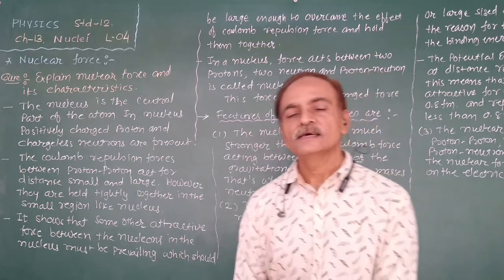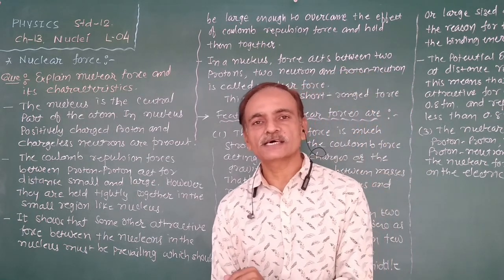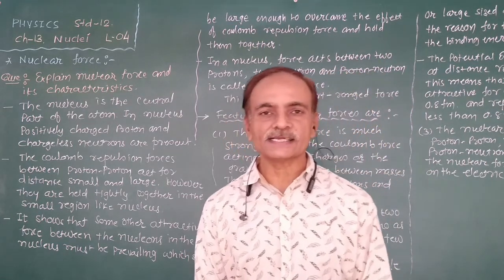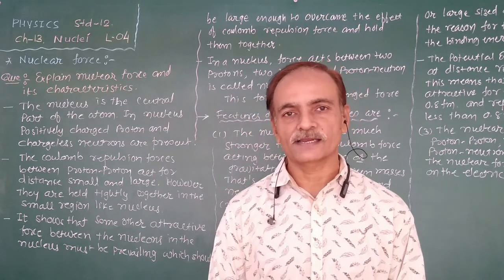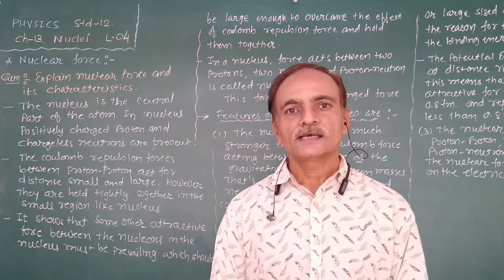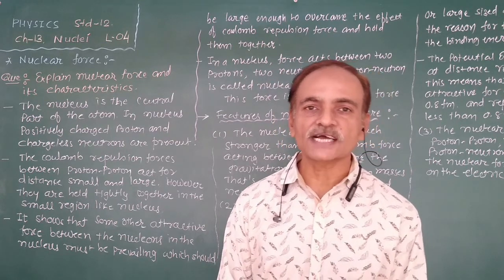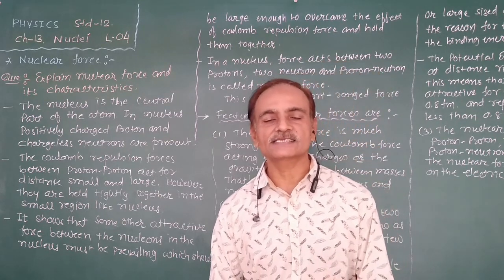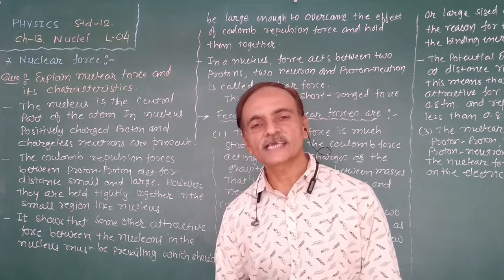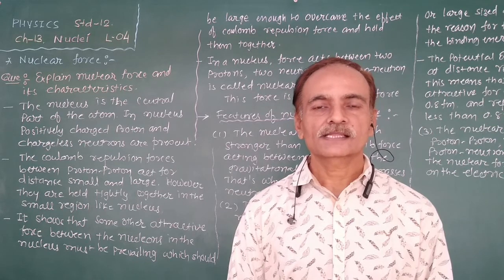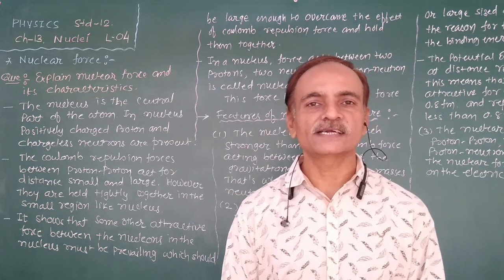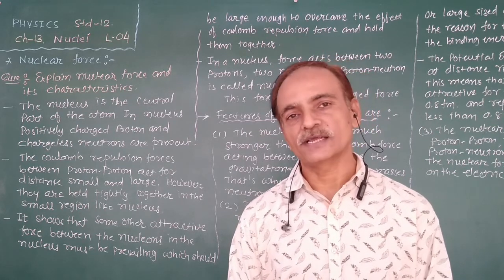Inside the atom, the positively charged proton and chargeless neutron are present. We know the Coulombian force of attraction or repulsion, that means the electrical force exerted between charged particles. So inside the nucleus, positively charged protons and chargeless neutrons are present. Therefore, the repulsion force is exerted between the protons inside the nucleus.